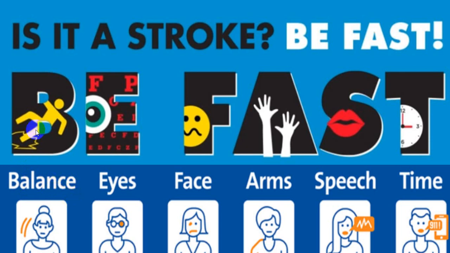As well, if the person has got cerebellar damage or a brainstem damage, particularly in the vertebrobasilar artery territory, the person will have an imbalance and Romberg test will be positive. So B stands for balance.